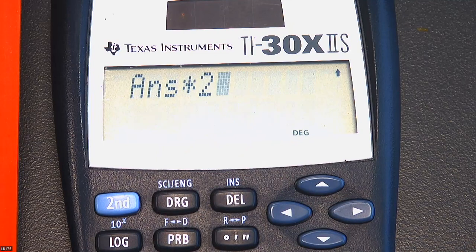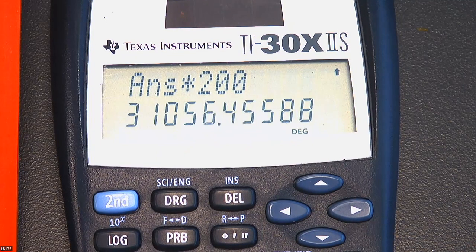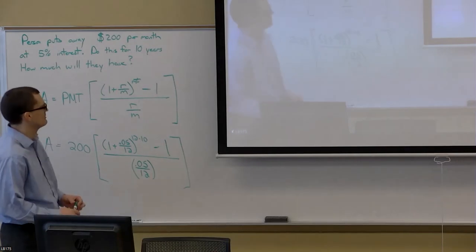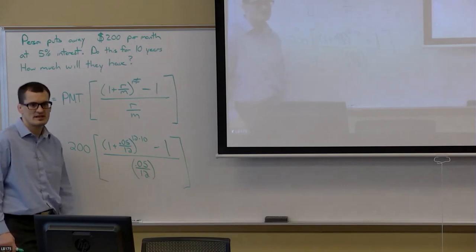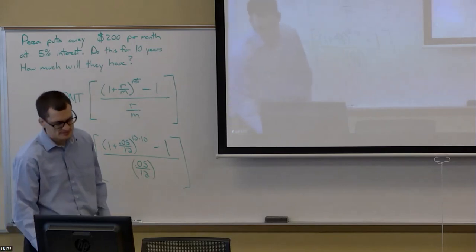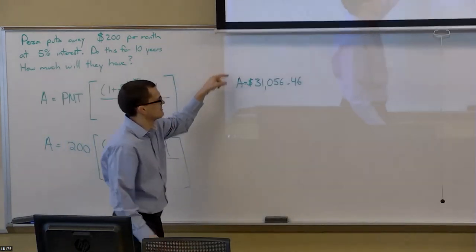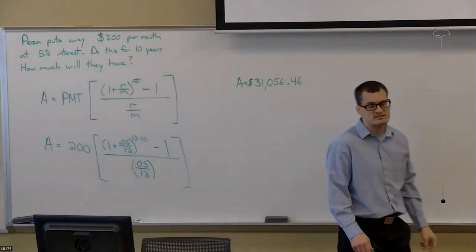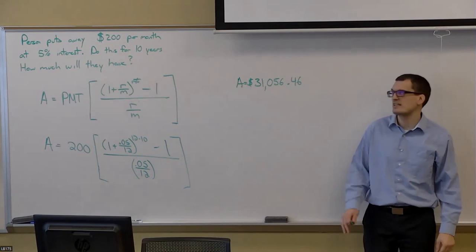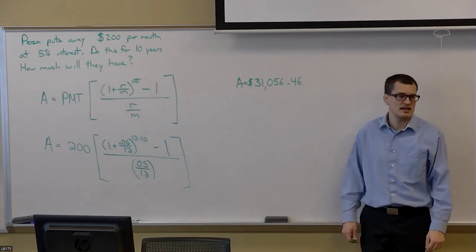And then I multiply that number by 200. Sure enough, you get the exact same thing, right? But the key thing is that if you are doing this, this denominator has to be in parentheses. And that's the whole thing. $31,056.46. That's what you'll have by putting away $200 for 10 years at 5% interest.